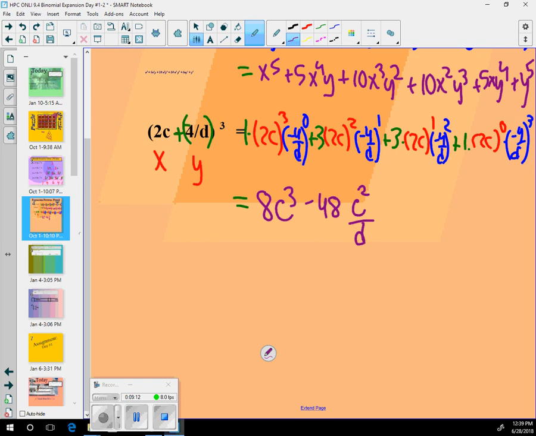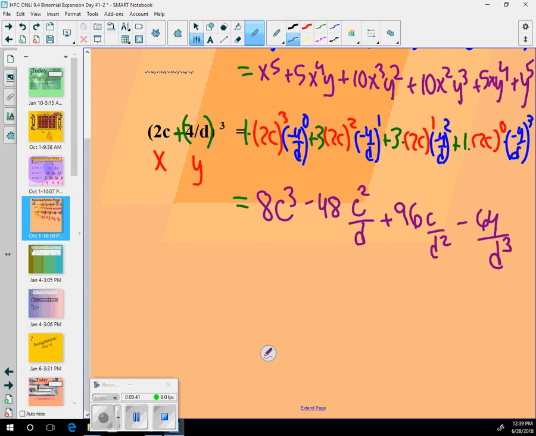Negative 4 squared is 16 times 2 is 32 times 3 is a positive 96. Notice how the negative signs alternate. C over d squared. And then the last one is negative 4 cubed, which will be negative 64. 2c to the 0 is 1 over d to the third.